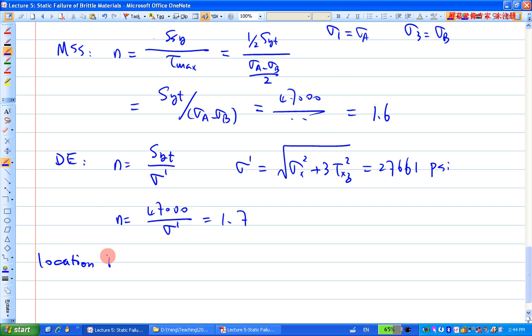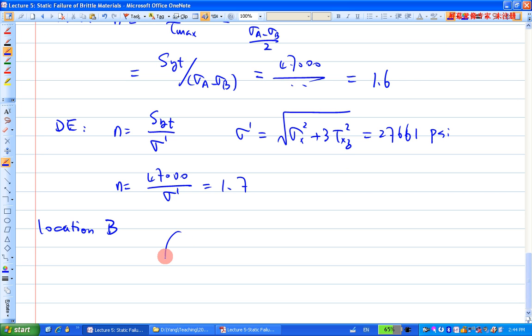Now let's look at location B. Once you know how to calculate location A, the way to handle location B is very similar. However, it turned out location B has an absolutely different state of stress than location A. So this is the location B we're looking at here.